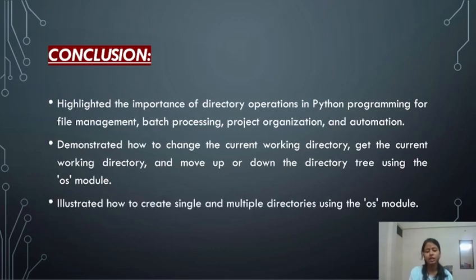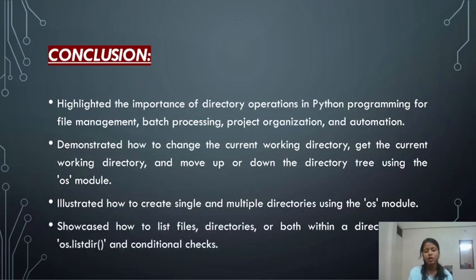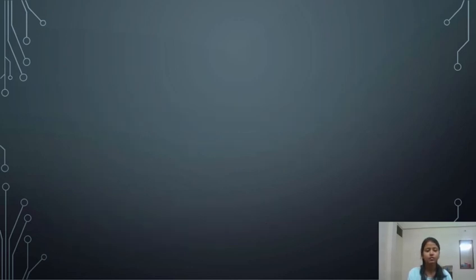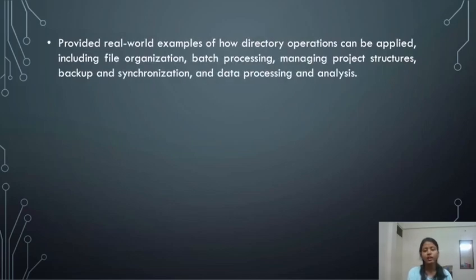Illustrated how to create single and multiple directories using the OS module. Showcased how to list files, directories, or both within a directory using os.listdir and conditional checks. Provided real-world examples of how directory operations can be applied, including file organization, batch processing, managing project structures, backup and synchronization, and data processing and analysis.